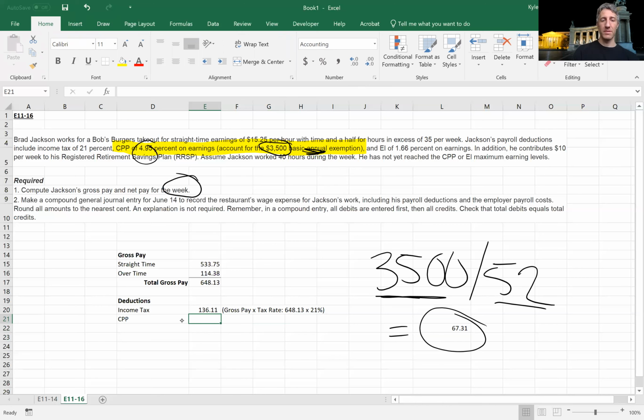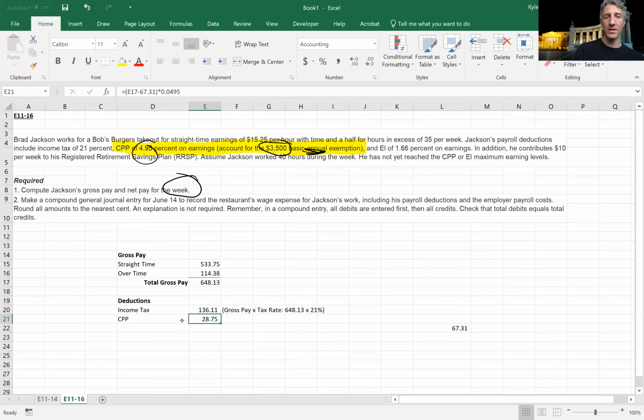So that's gross pay, subtract the basic annual exemption divided by 52, which is 67.31, multiplied by 0.0495. It's going to be 28.75.